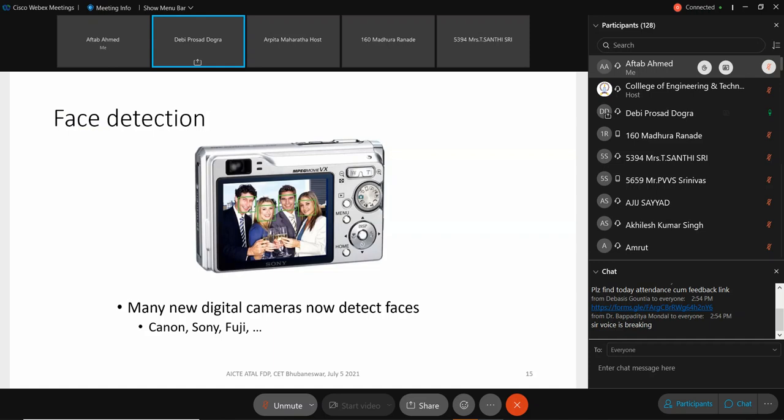They consume less energy and less battery, and even hands-free operation is there. You don't need to click the button; you can even speak and it will understand. All these features are getting included into these systems, and that is making them more user friendly. We started with face detection.